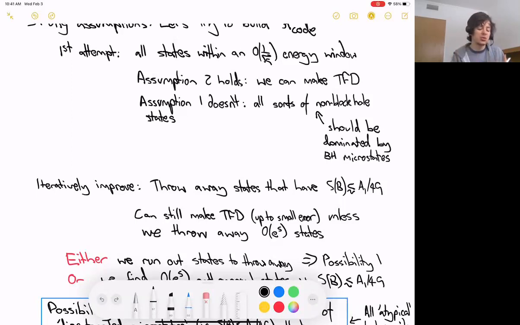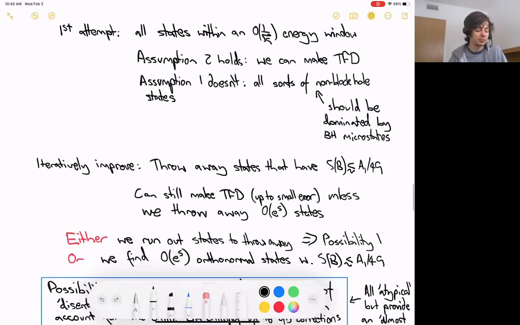As long as we don't throw away order e to the S states, say we throw away e to the (1 minus delta) times S, that's still a huge number of states, but we'll still be able to make the thermofield double state up to some tiny exponentially small error of order e to the minus delta S.